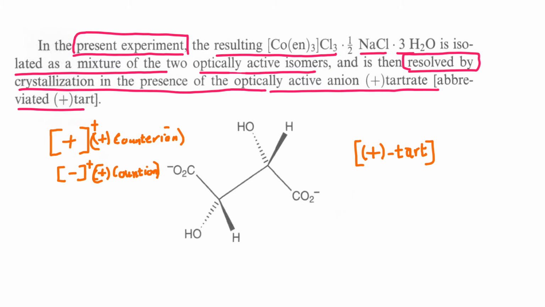So we take advantage of the property that the minus isomer stays soluble and the plus isomer precipitates. So now we have separated the plus isomer as a solid salt with tartrate, and the minus isomer stayed in solution.